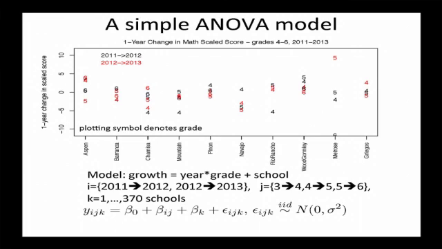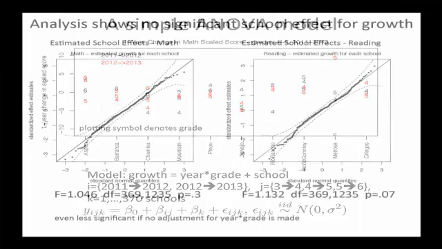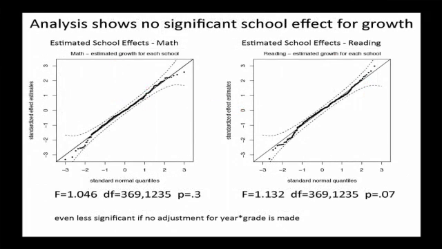In this example, they were trying to figure out whether there is an effect from different schools in looking at growth. They can plot all the schools, then fit a model and do statistical testing. In this case, they did not find a significant school effect for growth, because you can plot these other types of plots that put bounds on the behavior from the model.